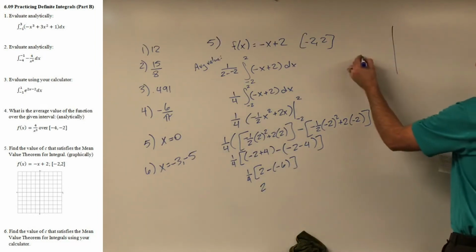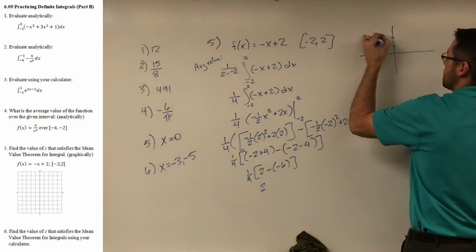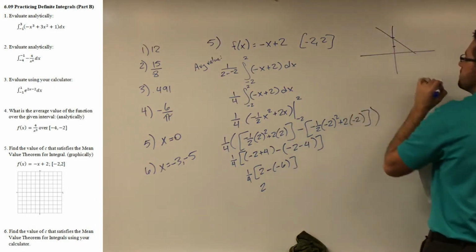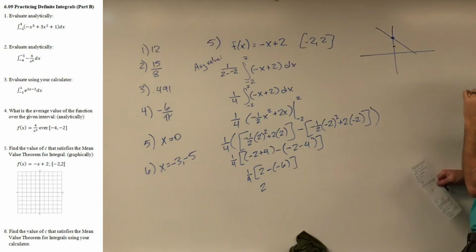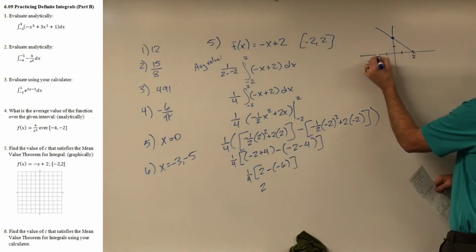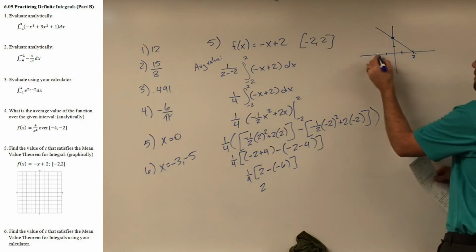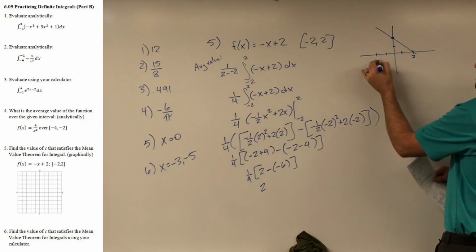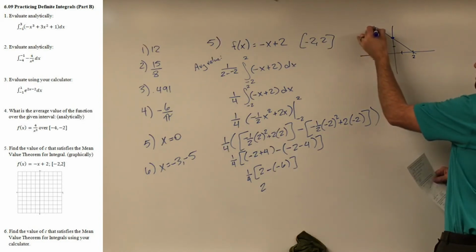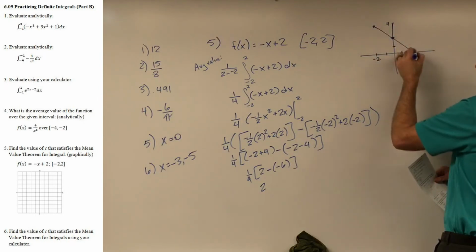So graphically, you have something that looks like that, right? I graphed that wrong, okay, whatever. So this is at negative 2, and the value is 4.